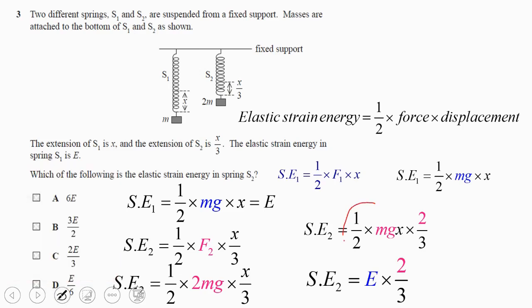Instead of half into mgx we can substitute the value E. So we will get the elastic strain energy stored in the second spring is equal to E into 2 by 3.